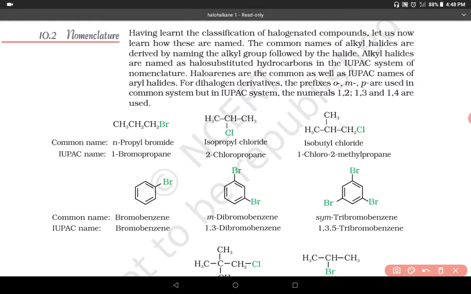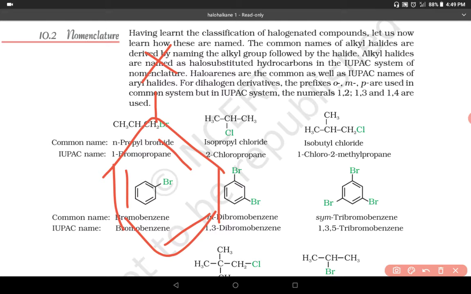For dihalogen derivatives, the prefixes ortho, meta, para are used in the common system, but in the IUPAC system the numbers 1,2, 1,3, 1,4 are used. If this is the situation, when the halogens are attached, these positions are called ortho, meta, para.